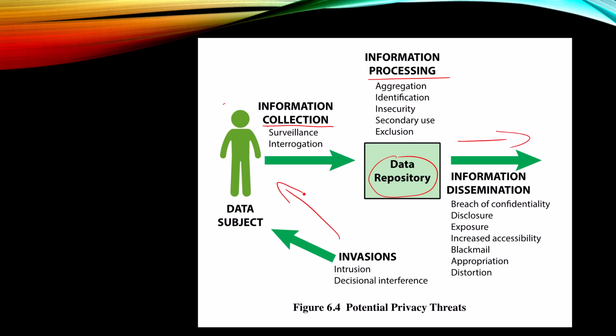If the scope is, for example, with permission, we have the appropriate permission to disseminate. That's perfectly fine. However, what if it's a breach or an improper disclosure or something that can be used for blackmail or distortion? So again, these are all potential privacy threats. Information is collected and then, when not done appropriately, can be used against the individual or the data subject.